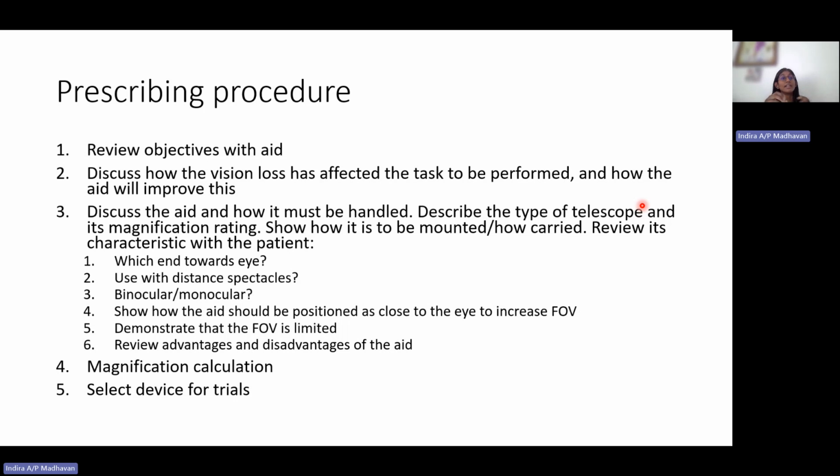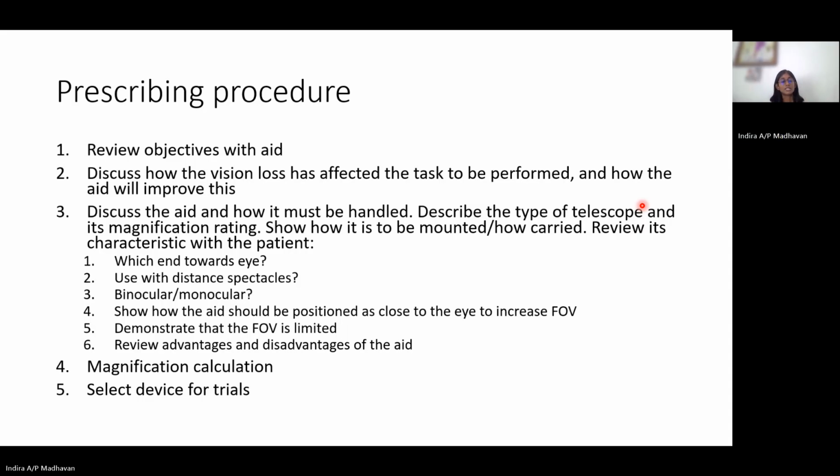The magnification is not enough for that activity. That's why I say it is not as comfortable as spectacles. With spectacles, you can turn anywhere and do any distance task, unless you have other problems like a scotoma. But with a telescope, it is not like that. Your activities are limited only to the particular calculated magnification activity.